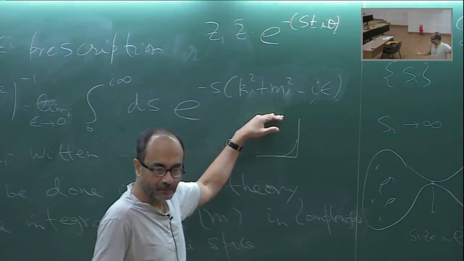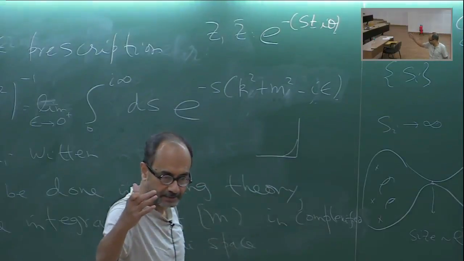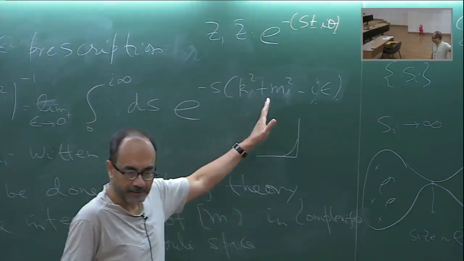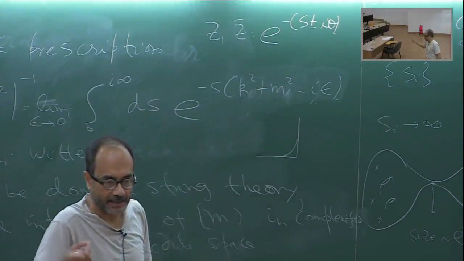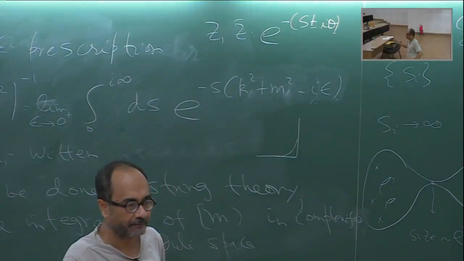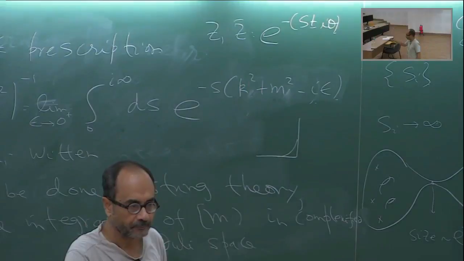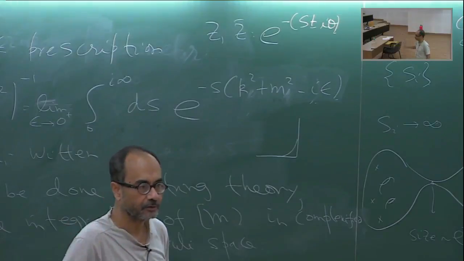So you want to have that feature because otherwise you will get a lot of contribution from the heavy states. So you have to go somewhat towards the positive side and then turn, and you can adjust that according to your need. And the point is, for any finite value, as long as you go along up to a finite value and then turn the contour, you will get a convergent answer because the sum over the infinite number of states always converges because those are above the threshold.